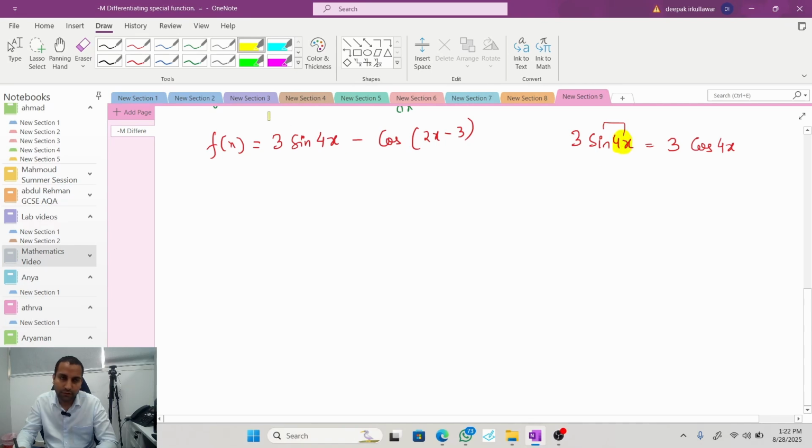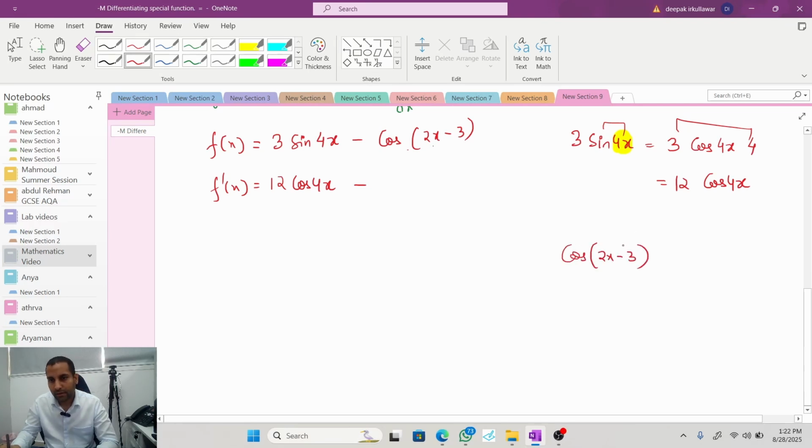Differentiation of 4x is just 4, so you just need to write 4. So 3 times 4 is 12, 12 cos 4x. So f dash of x, that is the differentiation, will become 12 cos 4x. Similarly, differentiate this part, that is cos 2x minus 3.